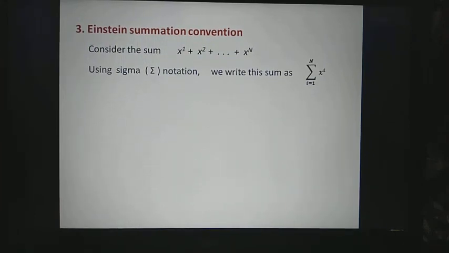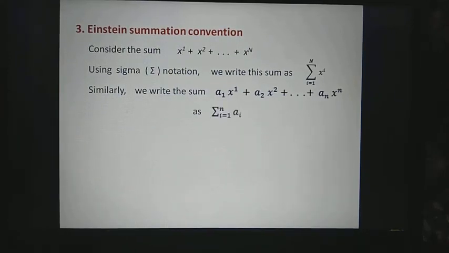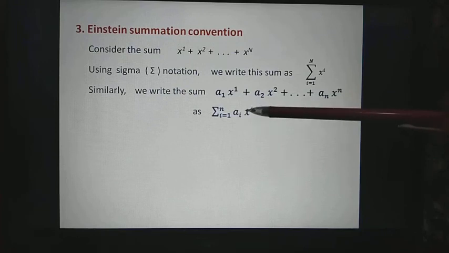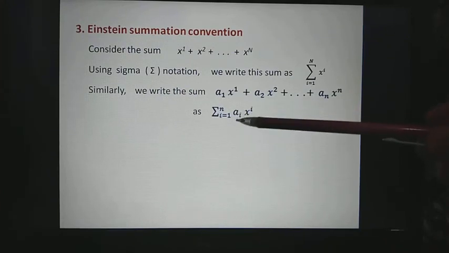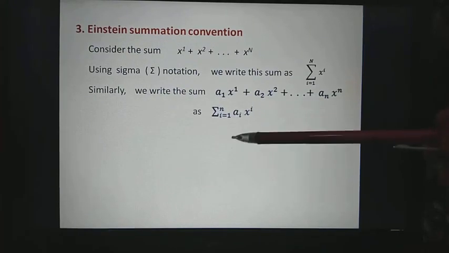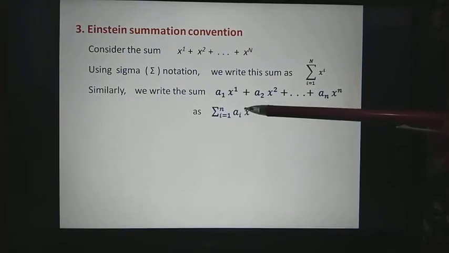Similarly, we write the sum a1 x1 plus a2 x2 plus and so on up to an xn as summation i from 1 to n ai xi. In this sum, i appears twice, that is i is repeated.